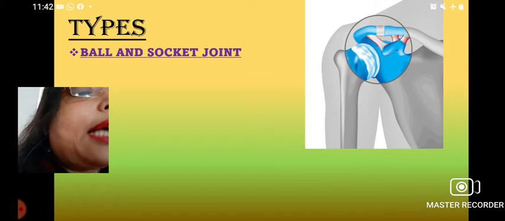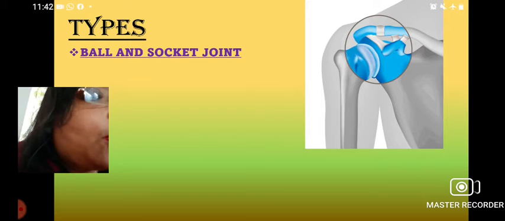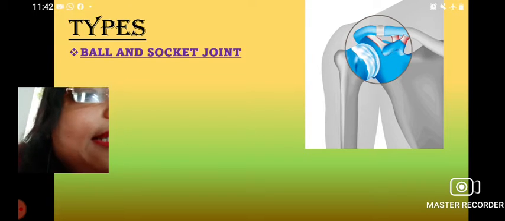Now, there are different types of joints. We will study all these types. First one is the ball and socket joint. So here you can see in the picture, this is the ball and the socket, especially in the shoulder part.